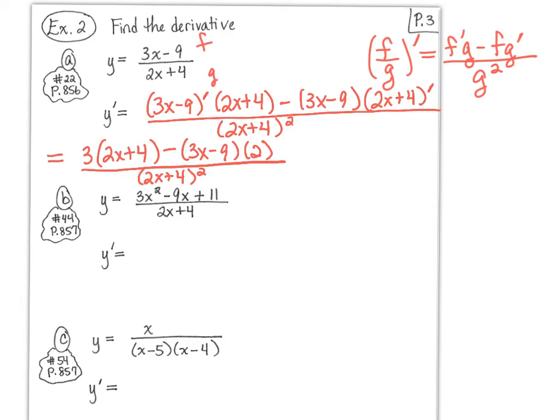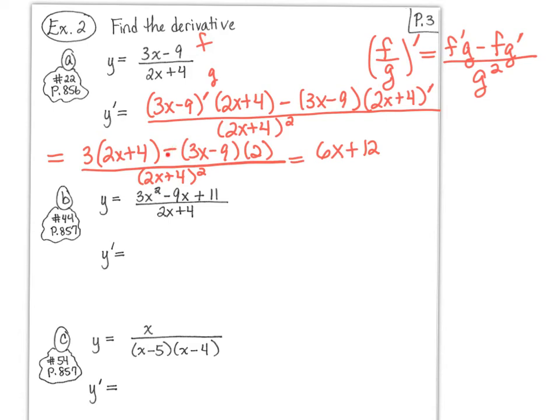And then this would be equal to, now we distribute and we simplify. Distributing, we distribute the 3 to the 2x and to the 4. So that gives us 6x plus 12. Now here you have to be careful, because you're subtracting this quantity times this number. So you have to distribute your negative.